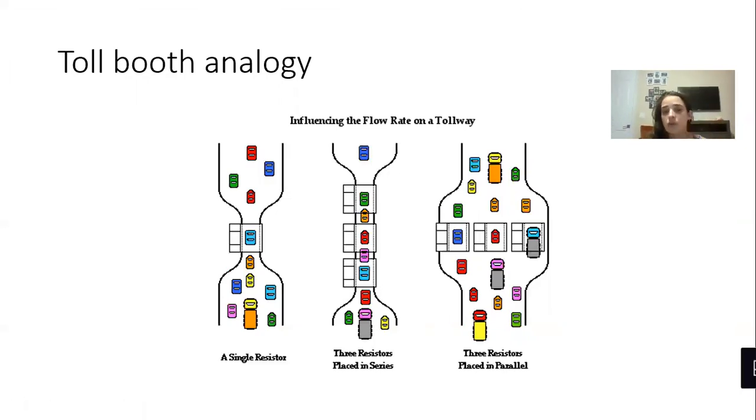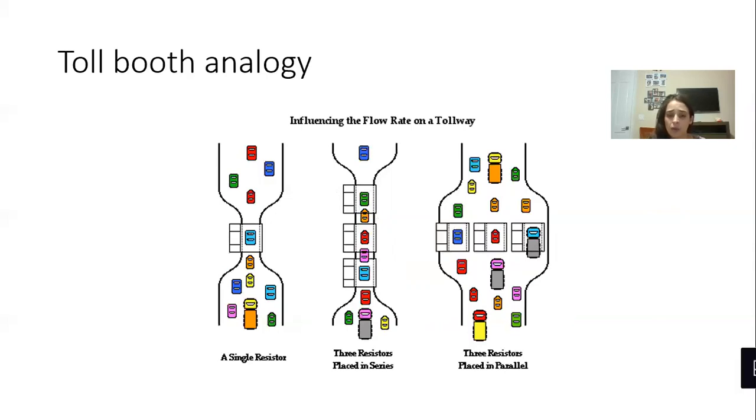If there's only one resistor, or one toll booth, then the cars, which are analogous to the charge coming out of the battery, can only go through one toll booth. The cars are going to slow down, but there's only one obstacle, and then afterwards they're able to continue and speed away quickly. If you have three resistors placed in series, it would be the equivalent of having three toll booths back to back.